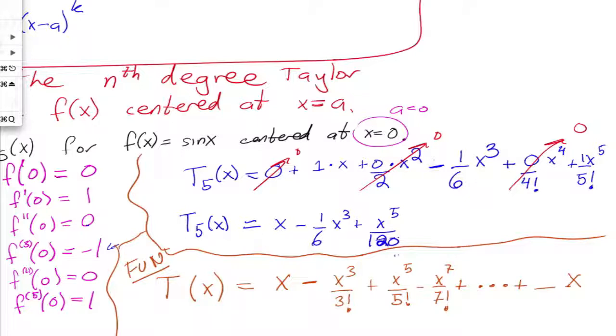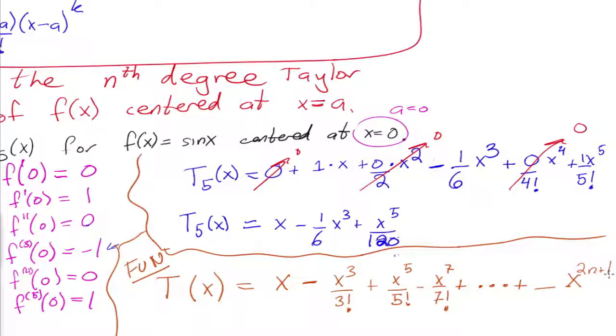Yeah, 2k plus 1. In this case, we're using n, so in general, the power would look like 2n plus 1. Notice that when n is equal to 0, the exponent is 1. If n is equal to 1, the exponent is 2 plus 1, which is 3.